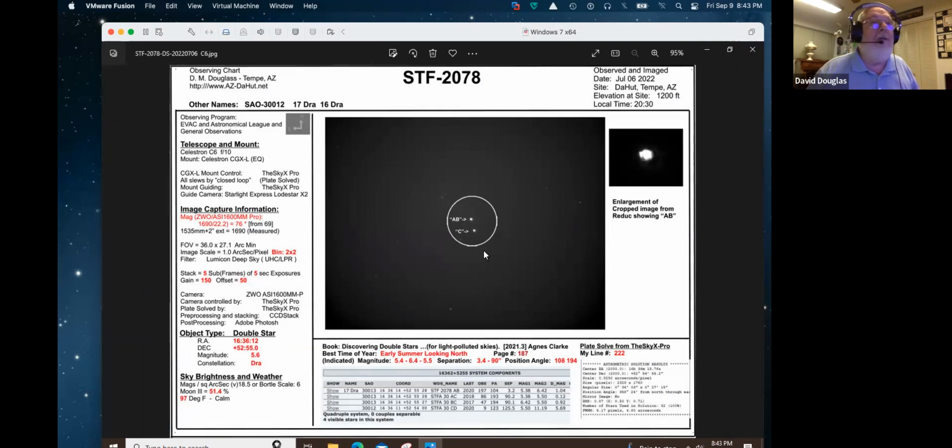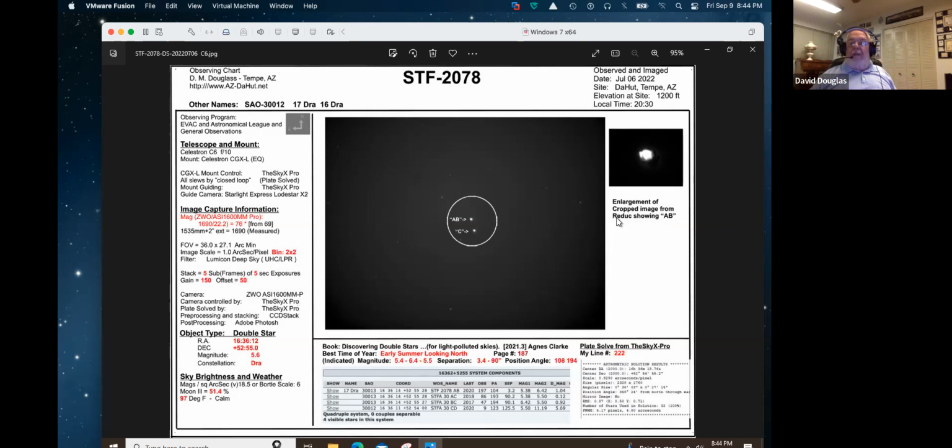This is a case where we have what appears to be a single star as the AB. I didn't mention that. A is always the primary star of the structure, and the second component that goes along with it is the B star. If there are other components, they go up from there. But A is always the primary star within the structure.